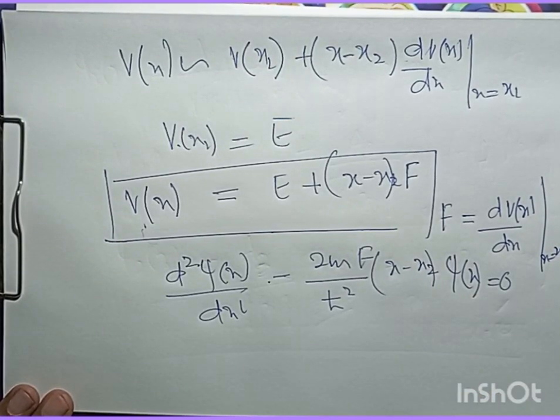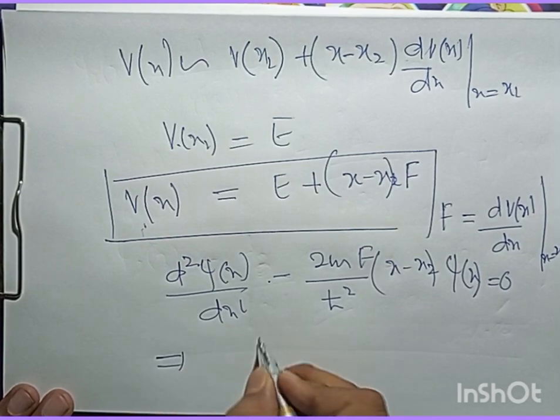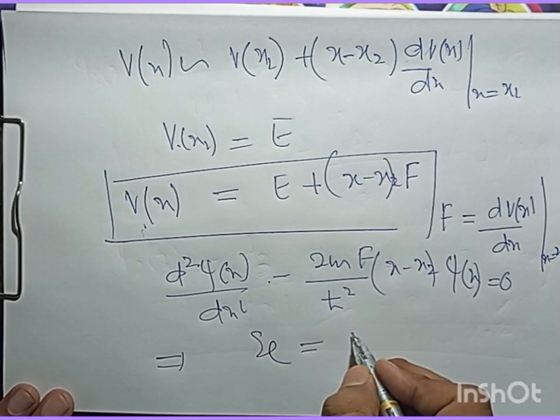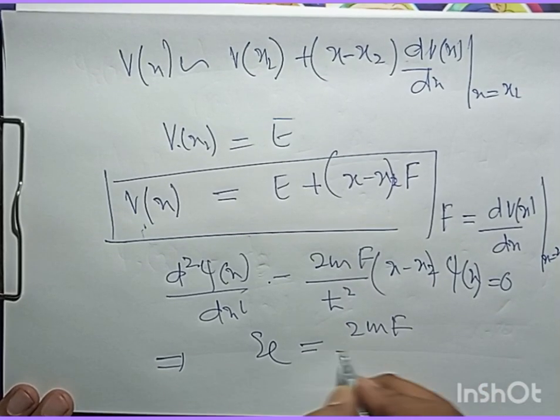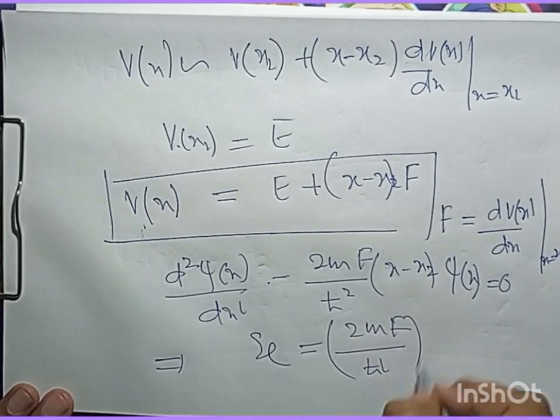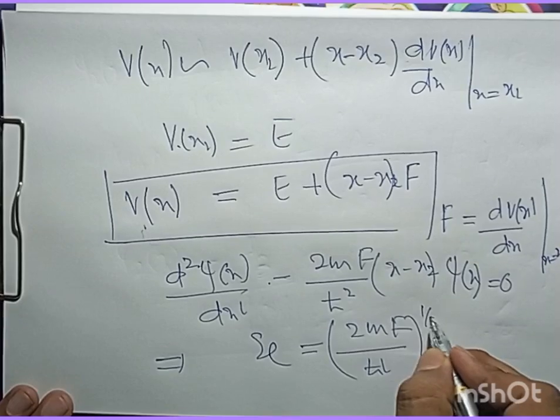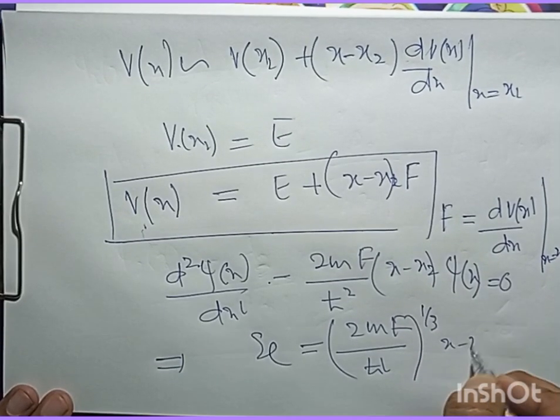And we would like to use a change of variable here, say zeta, and take zeta equal to 2mf by h cross square, whole raised to the power 1 by 3, times x minus x2.